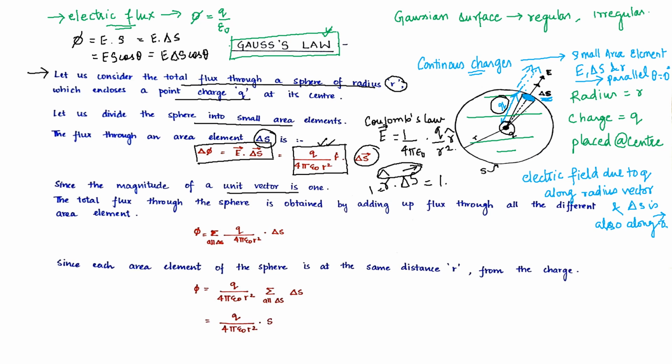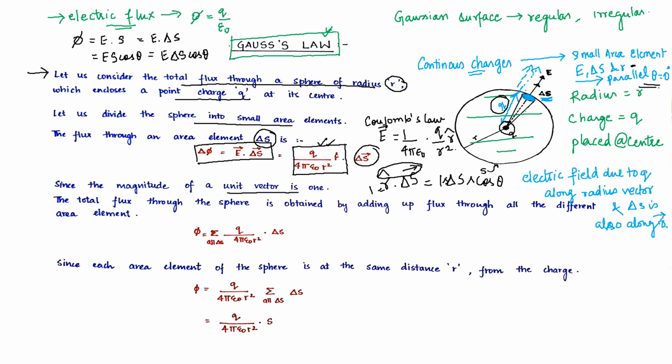Since these are in vector relation, we can remove it as this has a magnitude of 1. Dot implies cos theta. If we are removing the dot product, we have to multiply with cos theta. As I have already explained over here, they are parallel and the angle they subtend is 0.